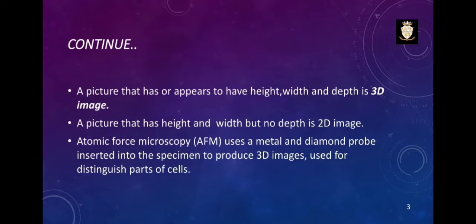Then atomic force microscopy uses a metal and diamond probe inserted into the specimen to produce 3D images, and it is used for distinguishing parts of the cells.